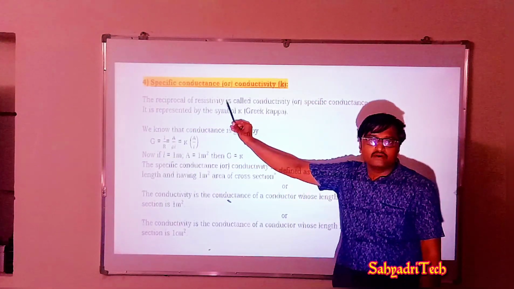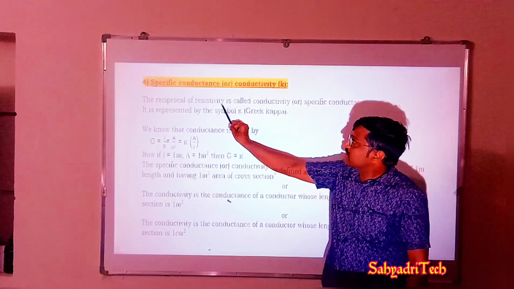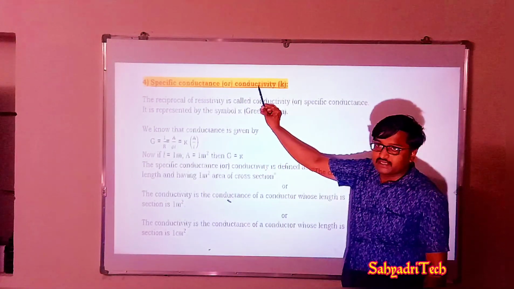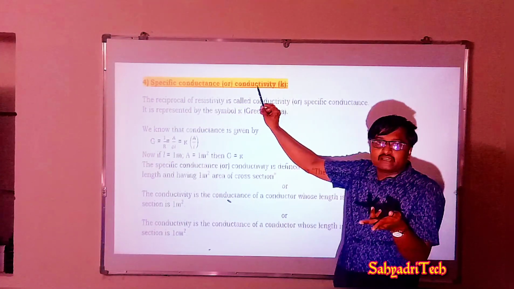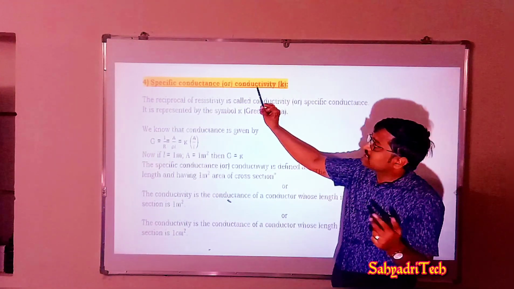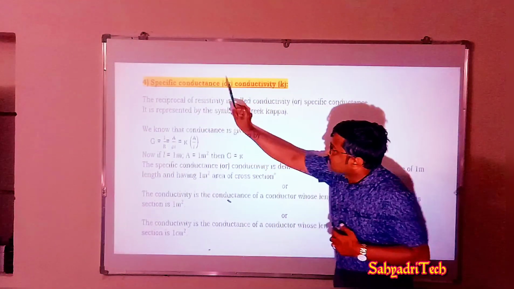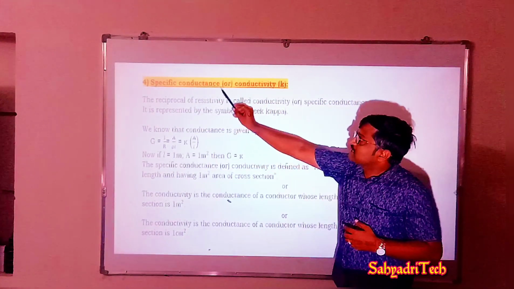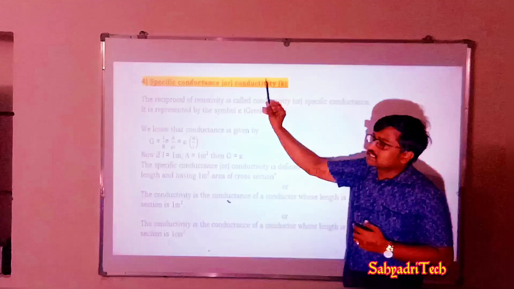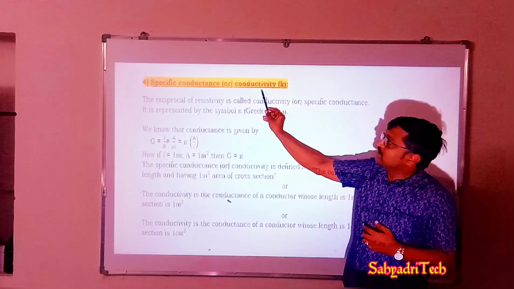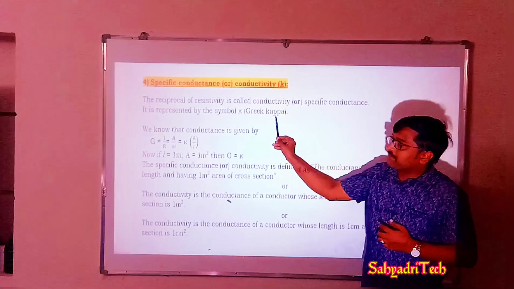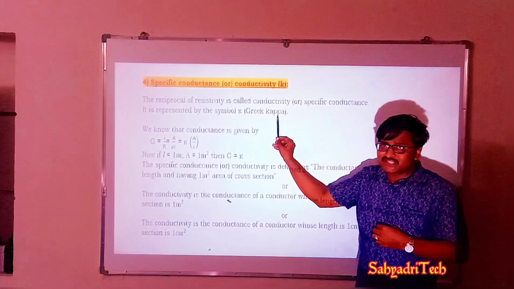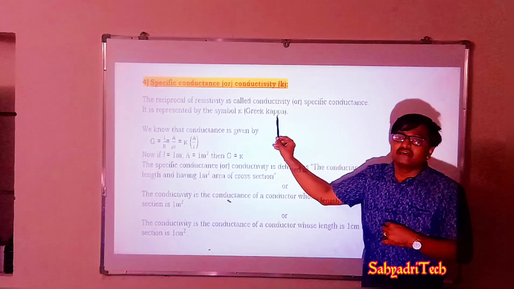The reciprocal of resistivity of a conductor is called conductivity, just like the reciprocal of resistance of a conductor is called conductance. Here the reciprocal of resistivity is called specific conductance, or conductivity. It is abbreviated with a Greek symbol named kappa. It's not K, it is kappa.